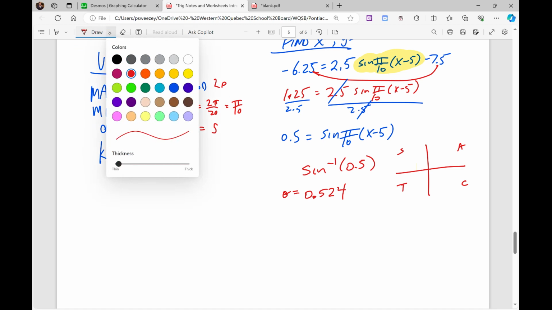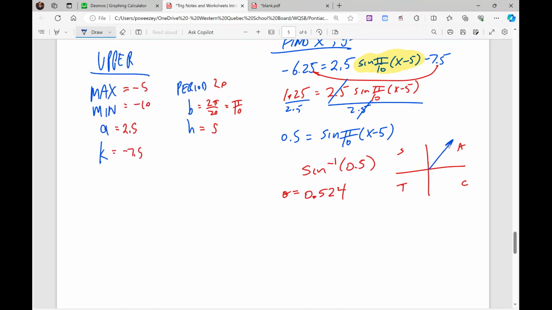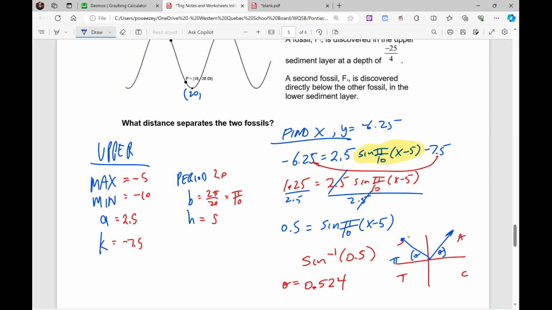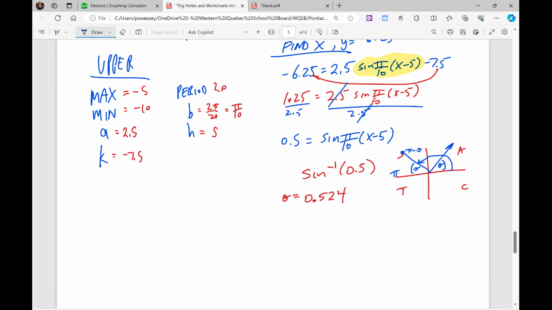Well, that one would exist here and here, meaning this one's going to be straight theta, and this guy is going to end up being pi minus theta, to get this full angle here. We only know theta as a measurement from the x-axis, so that's why we're going to go pi minus theta for that second angle, because this is the only way for us to calculate it.